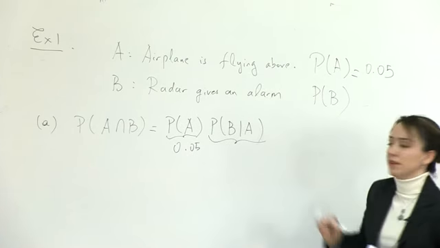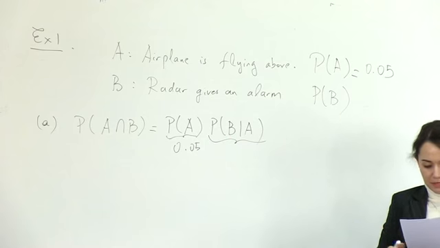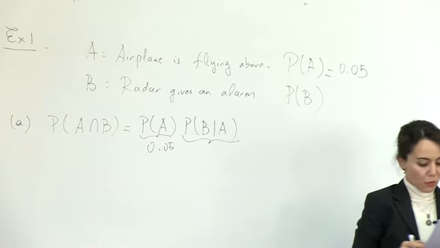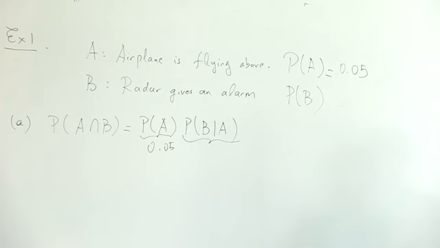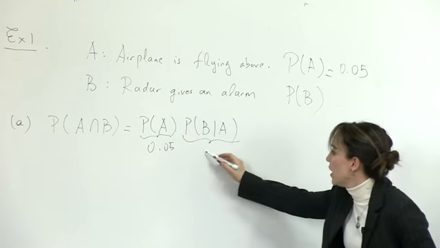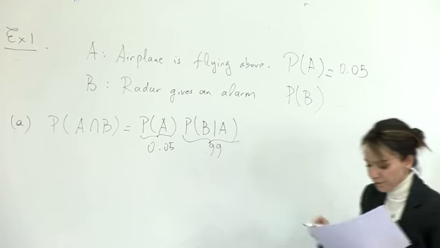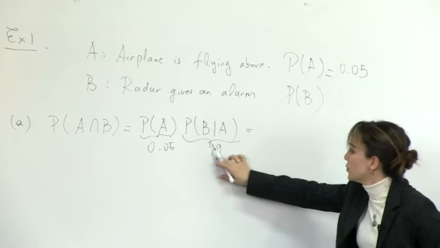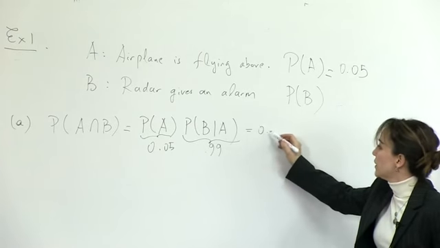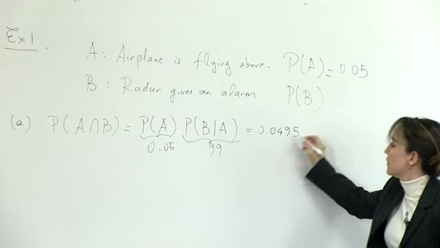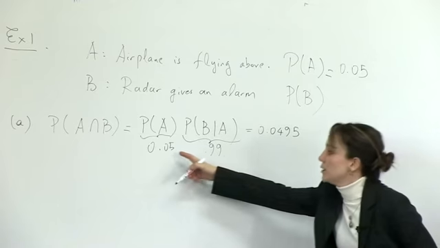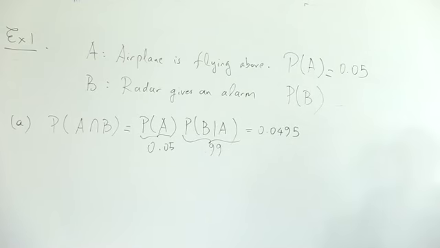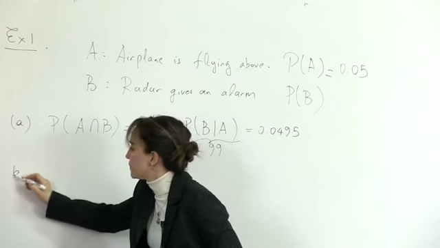The probability of B given A, is it given? What is it? 0.99. This is the detection probability, and it's quite high. If you take the product, you get 0.0495. As expected, this is a little lower than 0.05, which is the probability that there is an airplane in the sky.